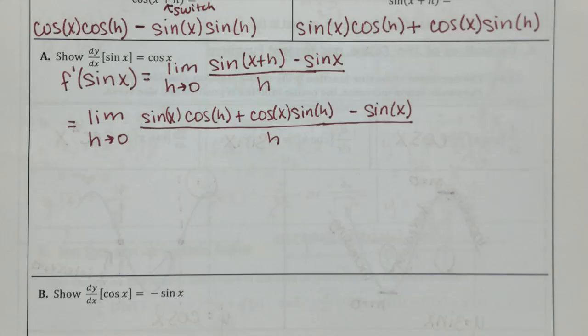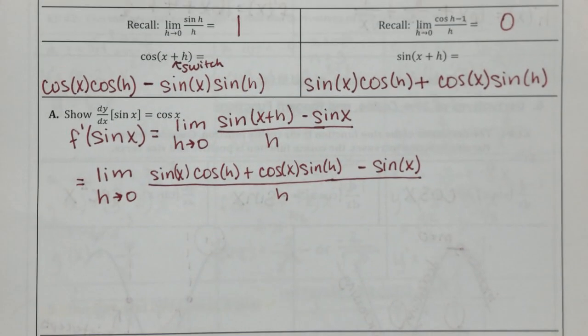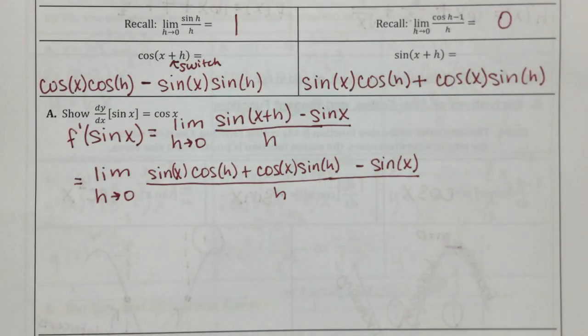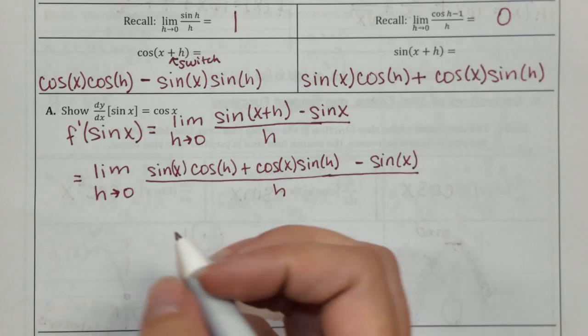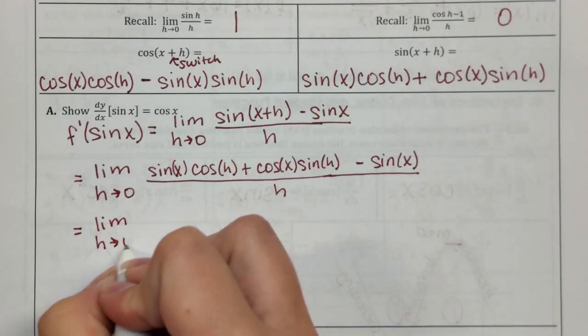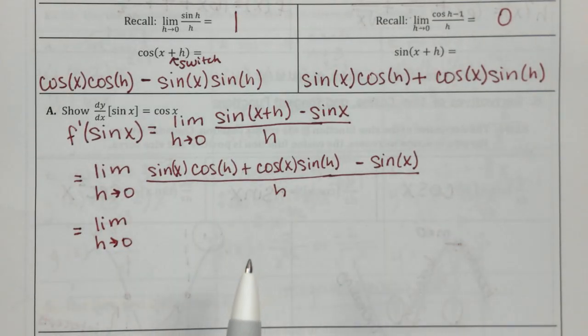Okay, now we're going to try and separate these and manipulate this formula to where we can get some ones and some zeros in there, where we can cross some stuff out. So let's do this negative sine of x and this one together because they both have a sine of x.